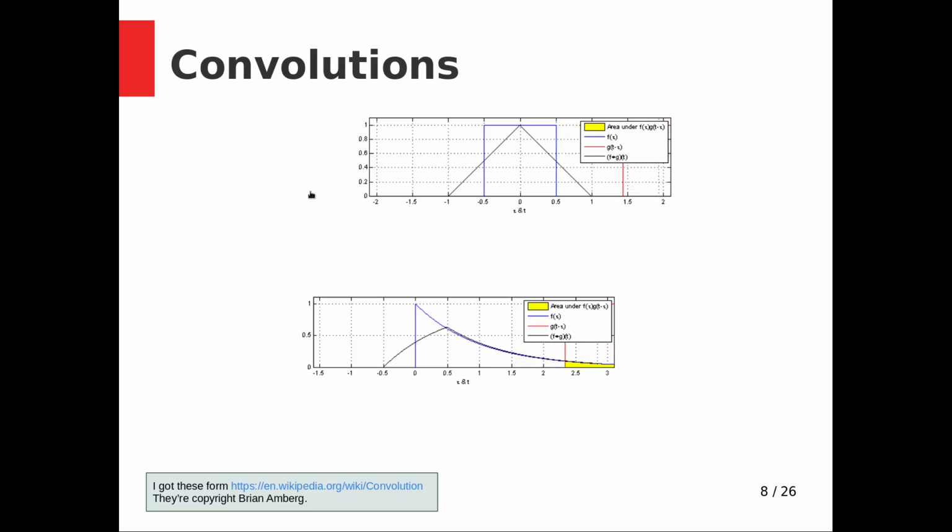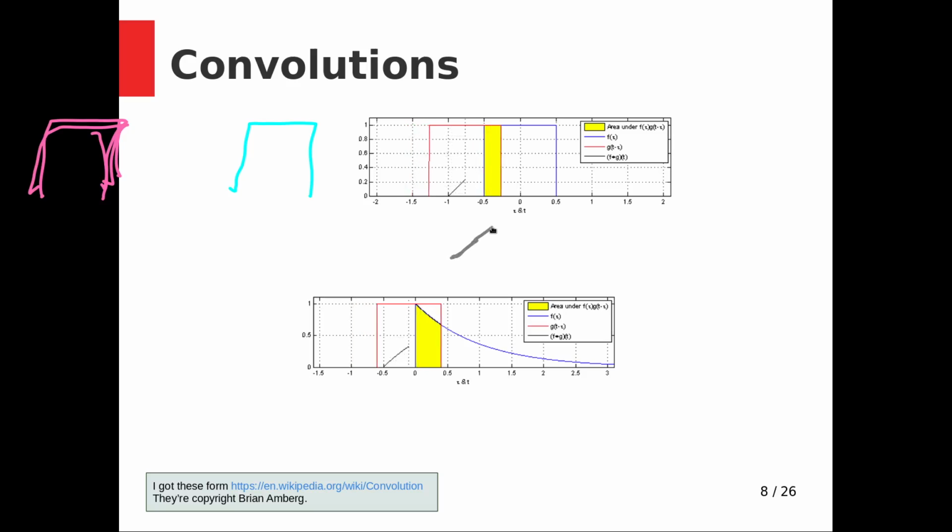Blue is the function or signal. Red is the filter, the moving square. And that black line, right, is the value of the convolution. And we see, right, it's 0 for a while, and it starts becoming positive when they meet, and it peaks at 1 where they are identical, right?